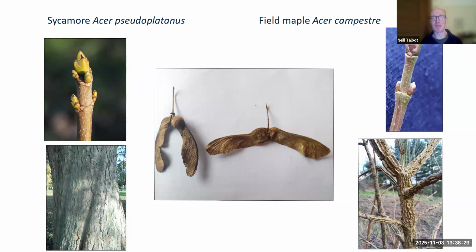There's been a lot of different ones introduced, especially ornamental ones. The sycamore, it's debatable. There's some thought now that it may actually be native, but it's been here a very long time, so thousands of years.